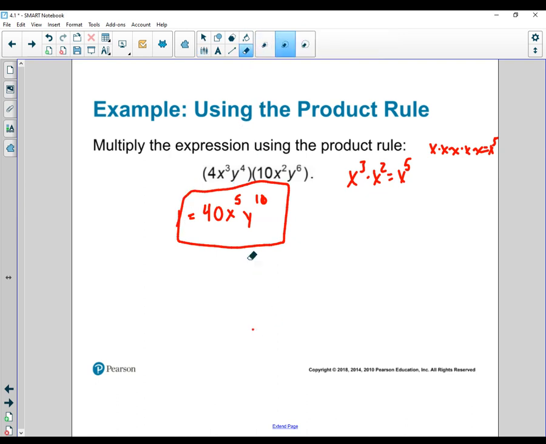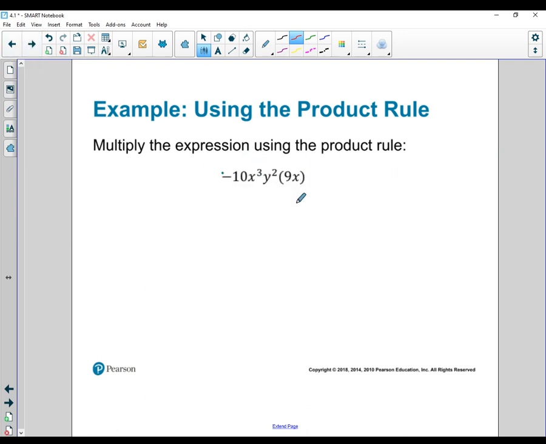So again, I'm multiplying in the order I choose. I'm going to do the numbers. Then I'm going to match the bases and find out their exponents from there. One more time. Again, this is all multiplied together, so I can do negative 10 times 9, which should be negative 90. And then this is x to the 1st.